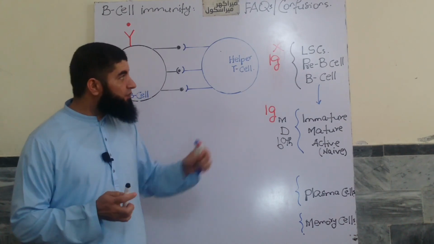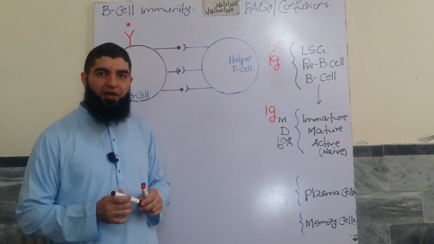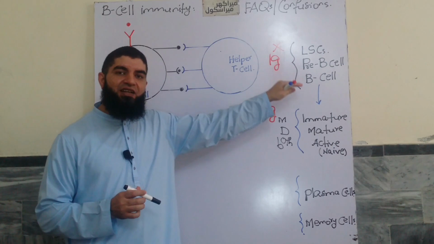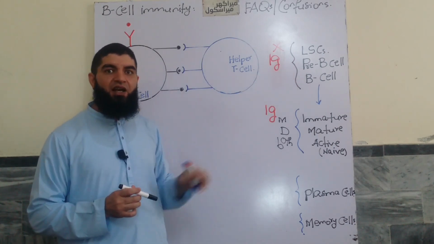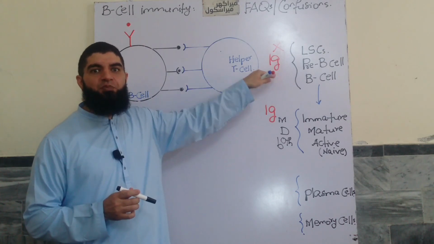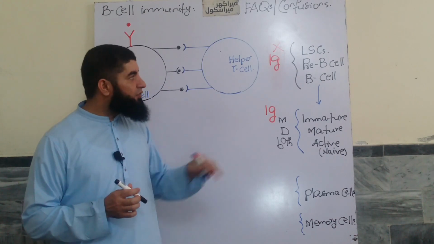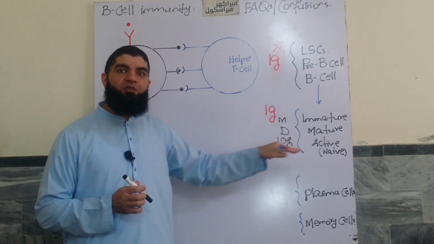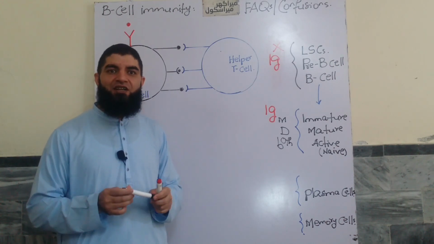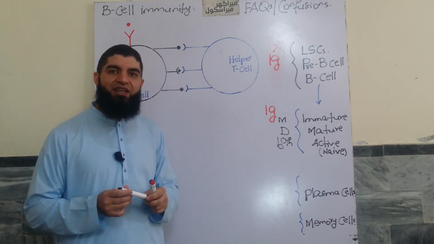So to begin with, they're produced from the lymphoid stem cells in the bone marrow, and in the bone marrow they first form the pre-B cell and still later B cells. However, at this stage they are quite immature and they don't express any immunoglobulins on their surface. From the bone marrow they move on to their pre-processing sites in the liver in mid-fetal life and still later in late fetal life, and after birth this pre-processing occurs in the bone marrow.